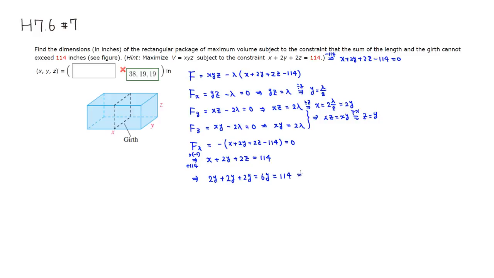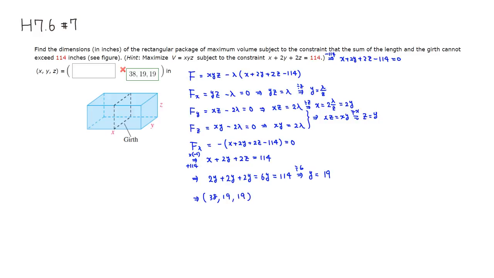Then if you divide through by 6, y is equal to 19. Once you know that y is 19, and we know that x is twice as big, x is 38, y is 19, and z is the same as y.